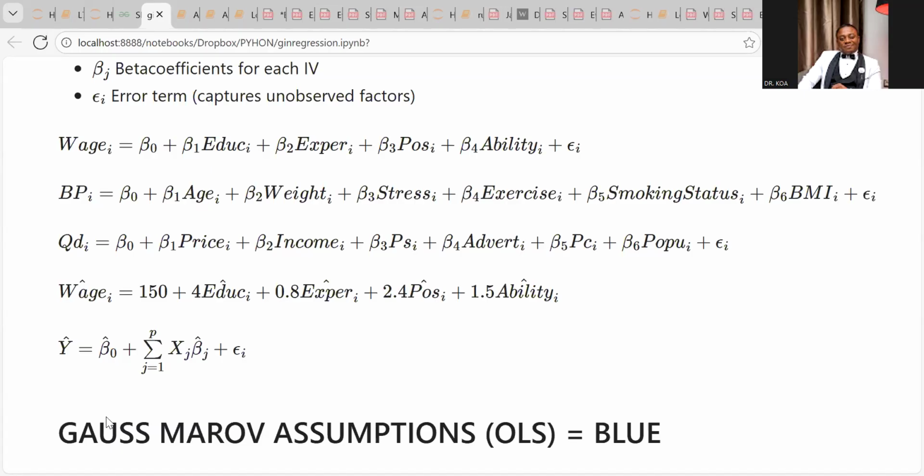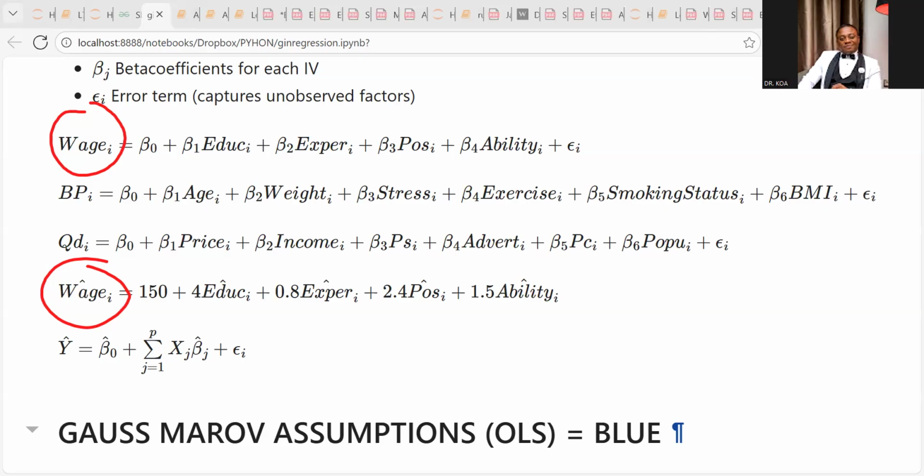So you can see that the wage has two things. One is a specified model. The other is the estimated equation. The estimated equation has no error term, and it also has numerical values, coefficients. The specified regression model has beta parameters and an error term.